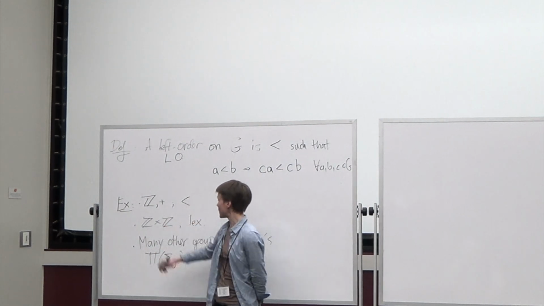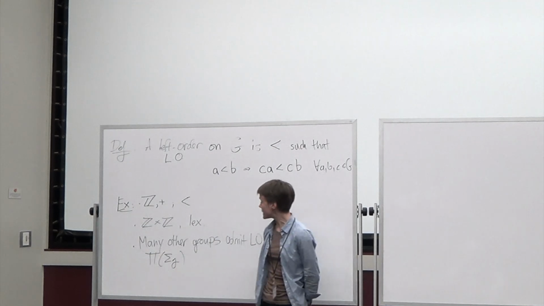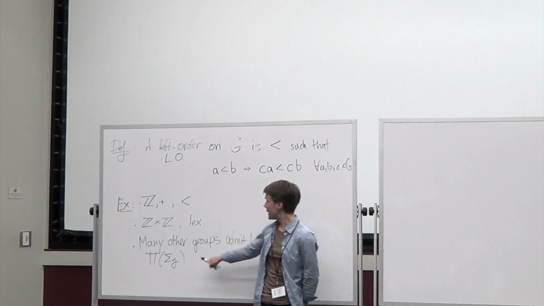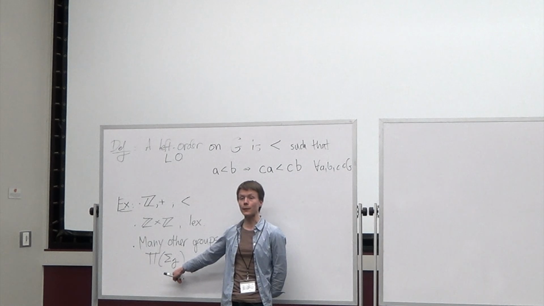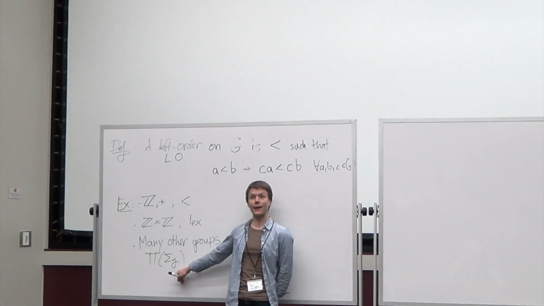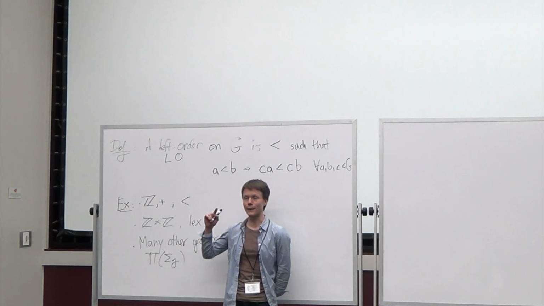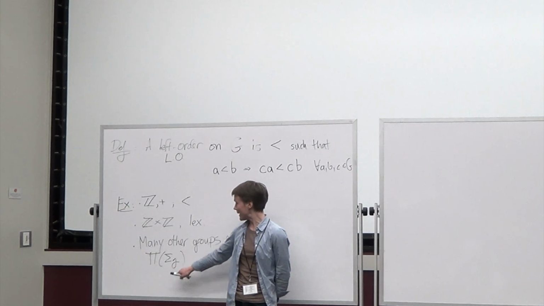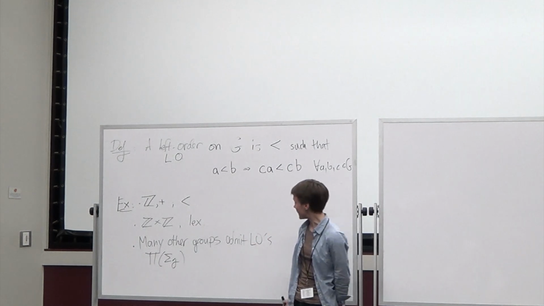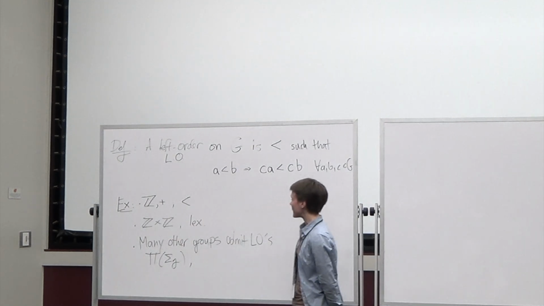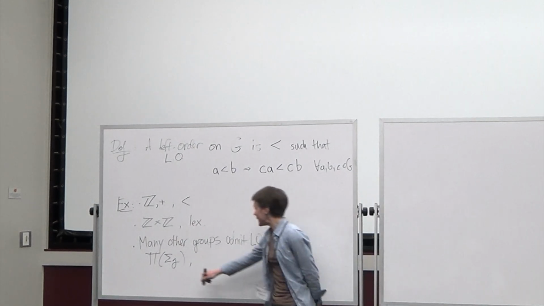All right, so that's the fundamental group of the torus. Fundamental groups of higher genus surfaces also have left orders. 10 bonus points if you can give me one by the end of the talk. I would be delighted to know if you come up with a way that's not one of the two ways in my head I know how to do this, neither of which are very satisfying. Well, they're satisfying, they're just sort of too complicated.